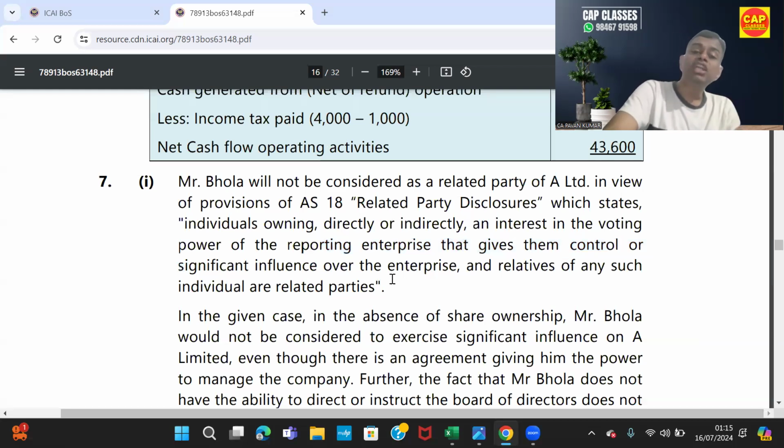And relatives of those individuals. So either you control the company or you are a relative of a person who is controlling. Either you exercise significant influence or you are a relative of the person who is exercising significant influence. For example, if I am MD of a company, my wife or my mother are relatives to the company as well.